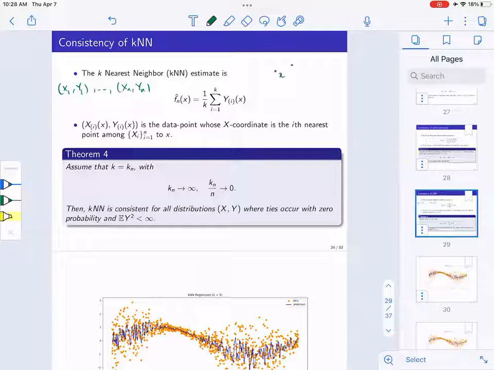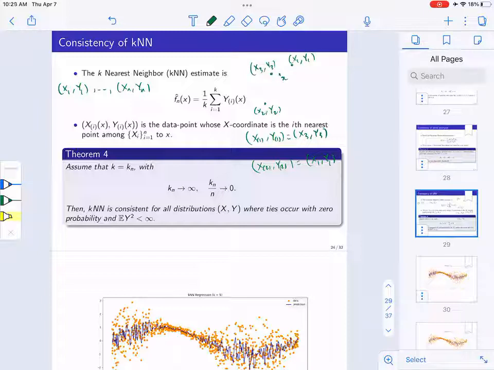So if this is x, let's say this is x1, y1, this is x2, y2, this is x3, y3. Then the first neighbor would be x3, y3, because this has the closest x coordinate.